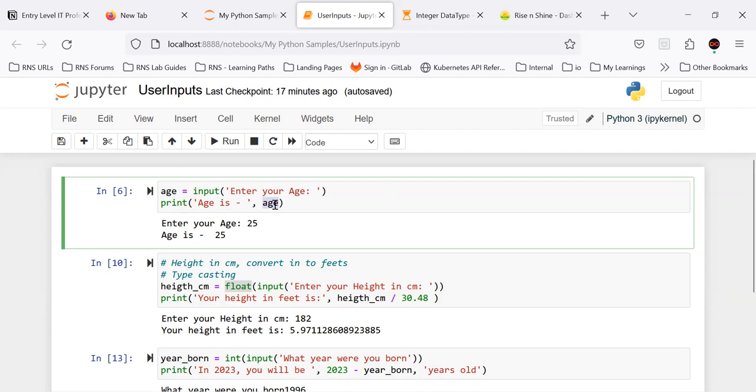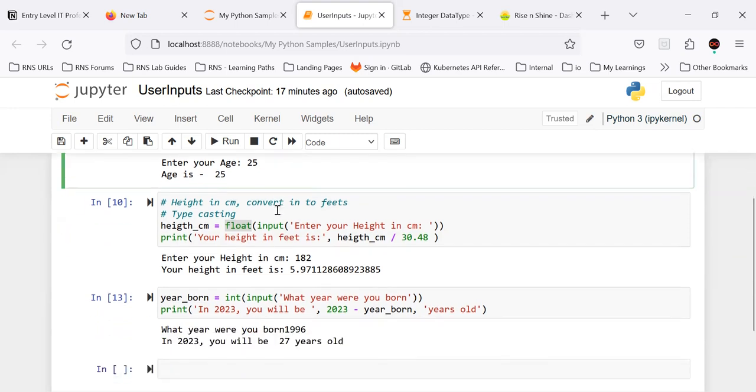But can we use a string in all operations? No. In these arithmetic operators, we don't want to use a string, we need to use an integer. But the input function returns a string, while I need to use that value as a float.